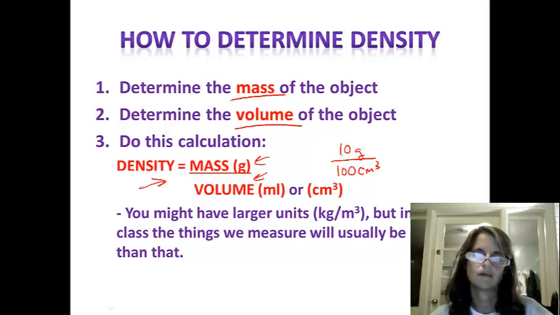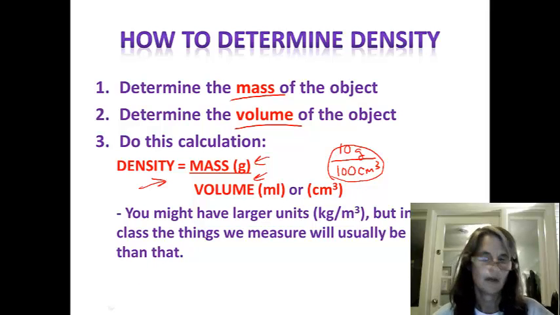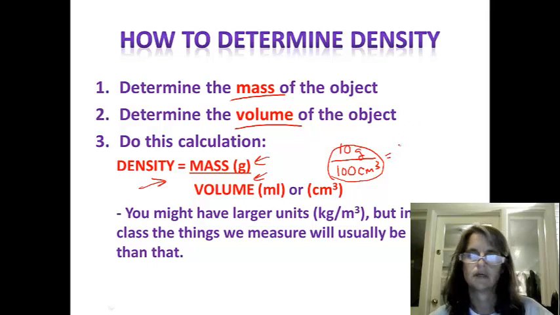So 10 divided by 100 is going to be 1/10 or 0.10 grams per cubic centimeter. So that would be the density of that much less dense cube.